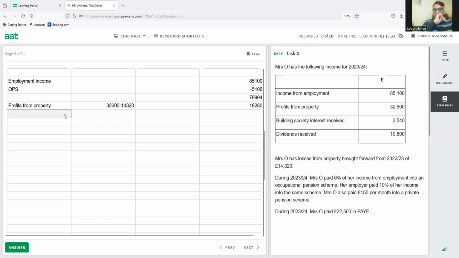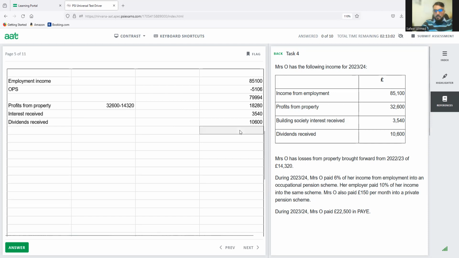The next item is building society interest received. So I will just write here interest received, and the interest received is 3,540. And the next income is dividends received. Again, that's given to us, which is 10,600.